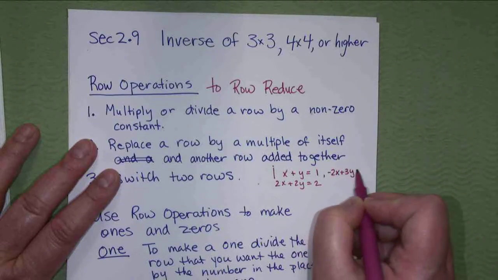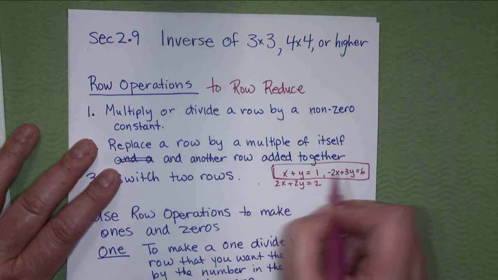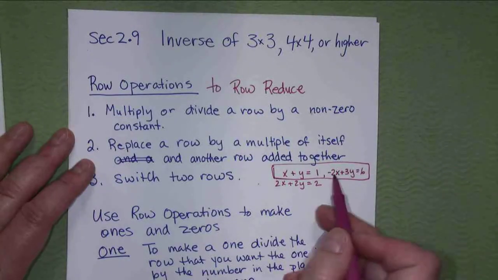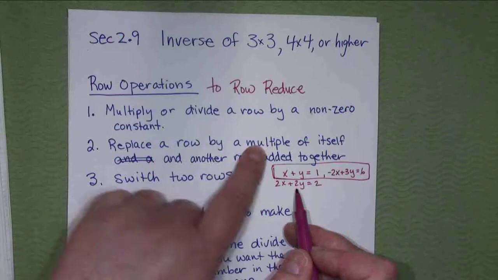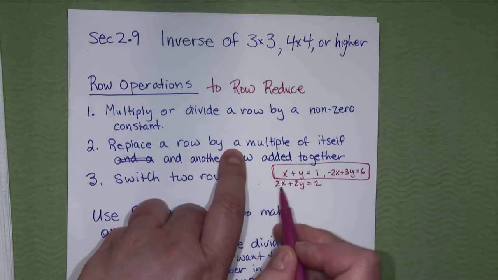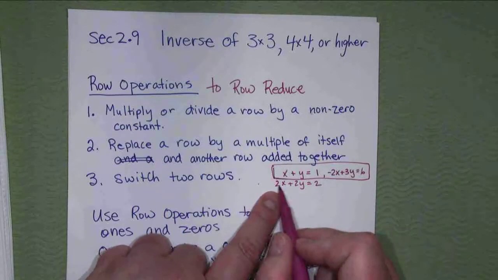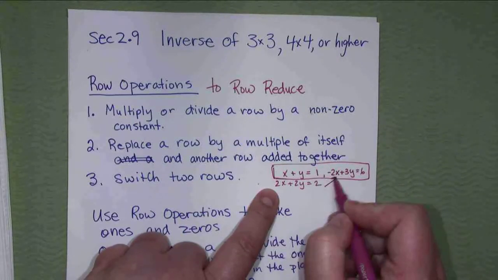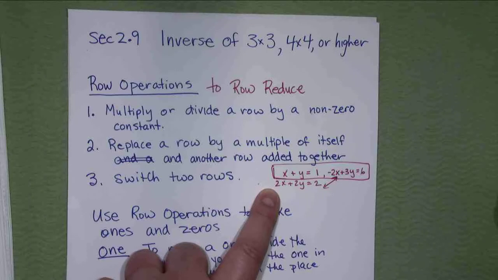Let's suppose those are our two equations and we wanted to solve. We might multiply the first one by 2, a multiple of itself, multiply by a number, and then add these two together, right? And why would we do that? To eliminate the x. So that's what the step is saying, that we can replace a row by a multiple of itself and another row.